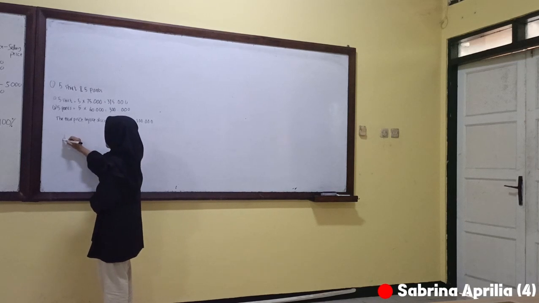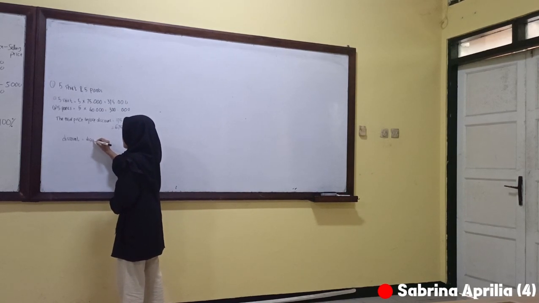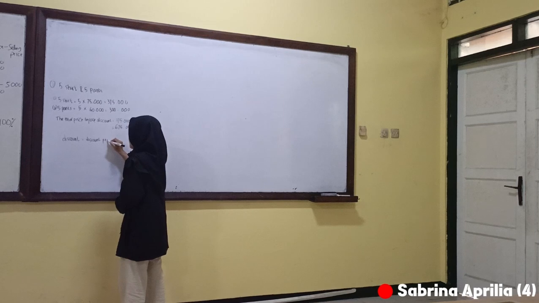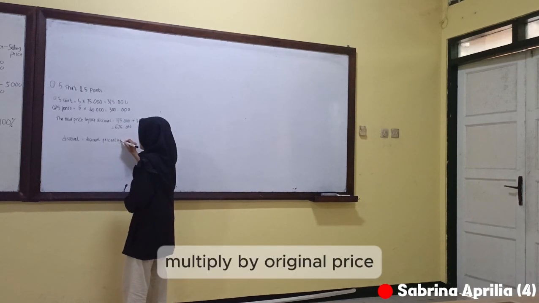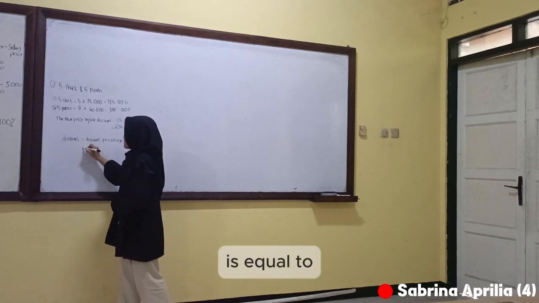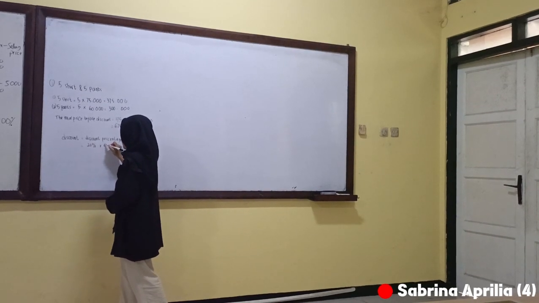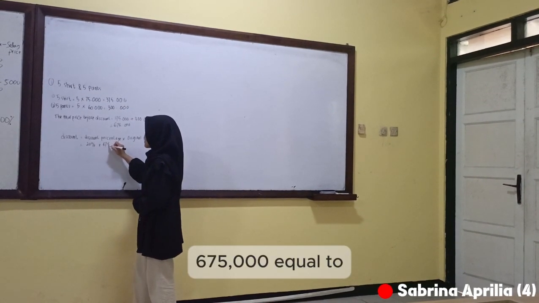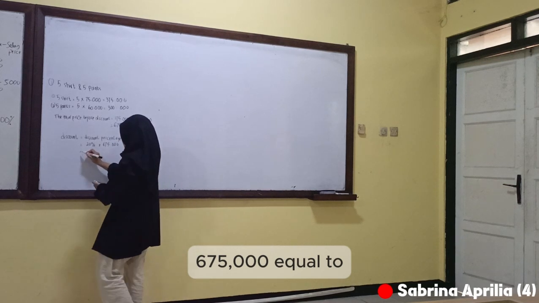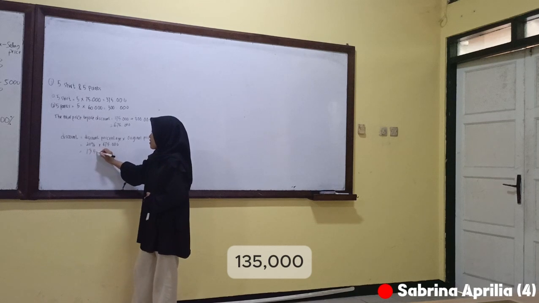And then the store gives a 20% discount. Okay, discount is equal to discount percentage multiplied by original price, which is equal to 20% multiplied by 6,075,000 rupiah, which is equal to 135,000 rupiah.